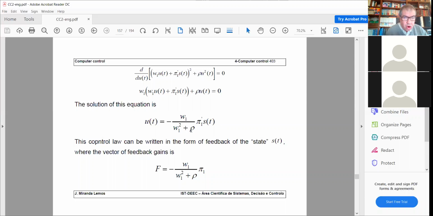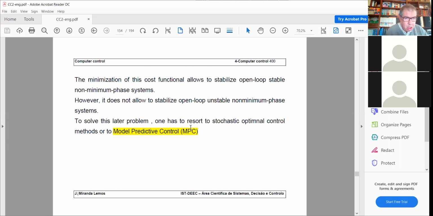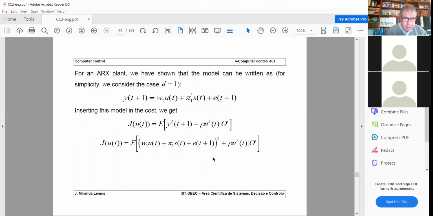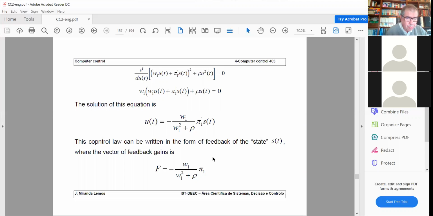Suppose that rho is 0. If rho is 0, this term is not here: minimum variance control. In minimum variance control, what do you get? Rho is 0, so you have minus w1 divided by w1 squared, that's minus 1 divided by w1, so pi 1 transpose divided by w1.